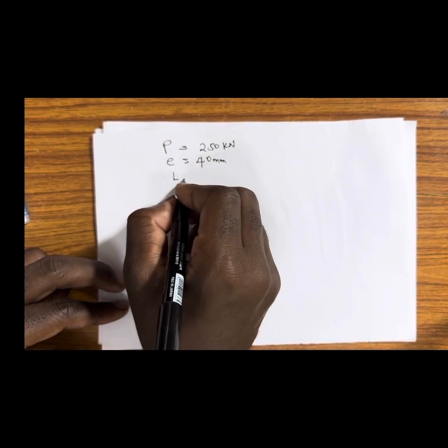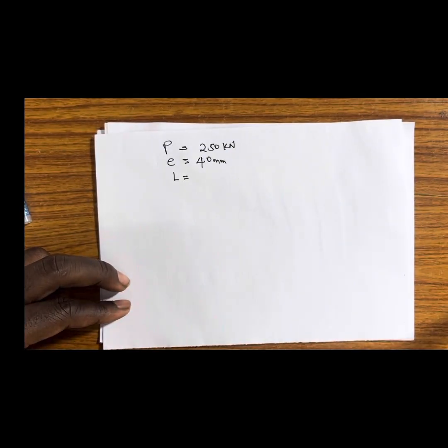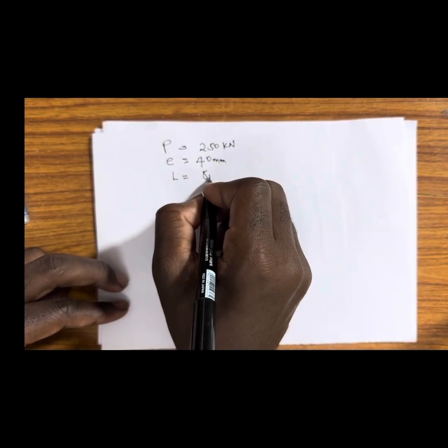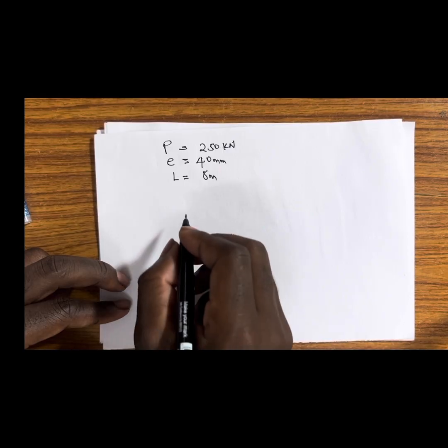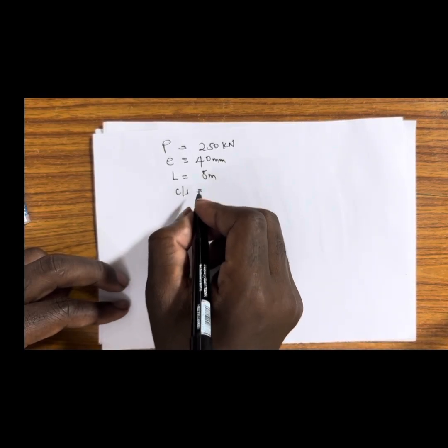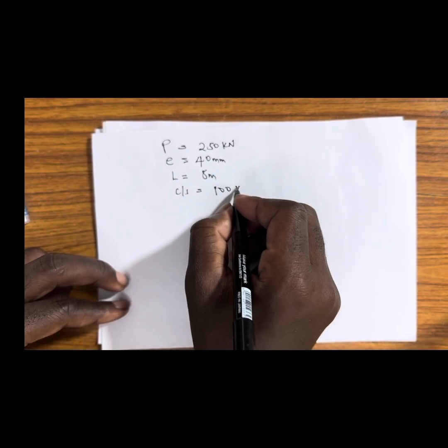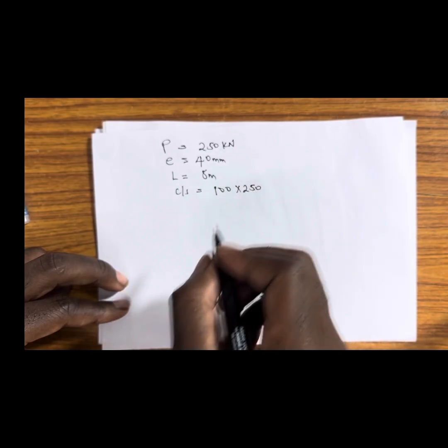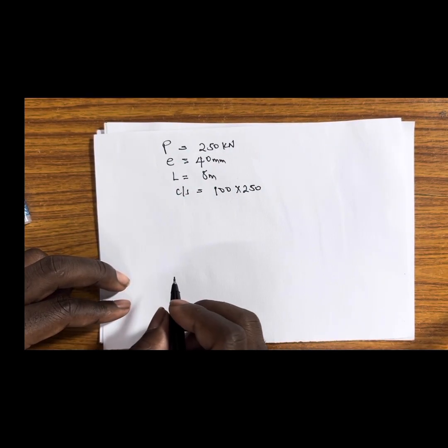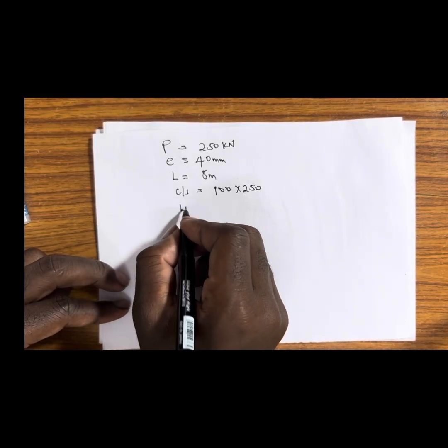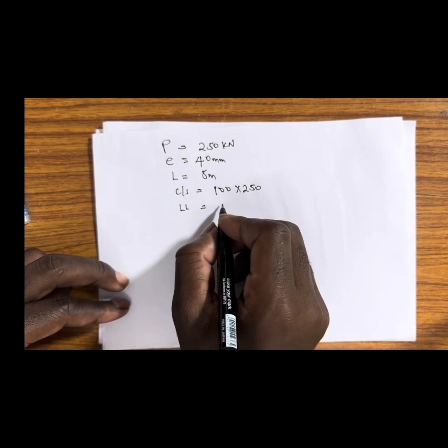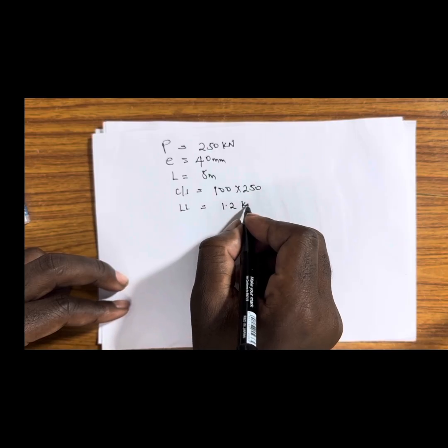Span L of the beam is 8 meter. Then cross section is given to be 100 by 250. Then live load or imposed load is 1.2 kilonewton per meter.